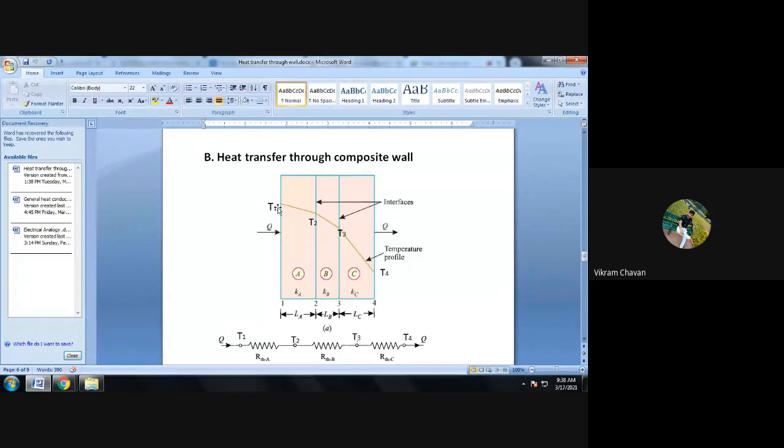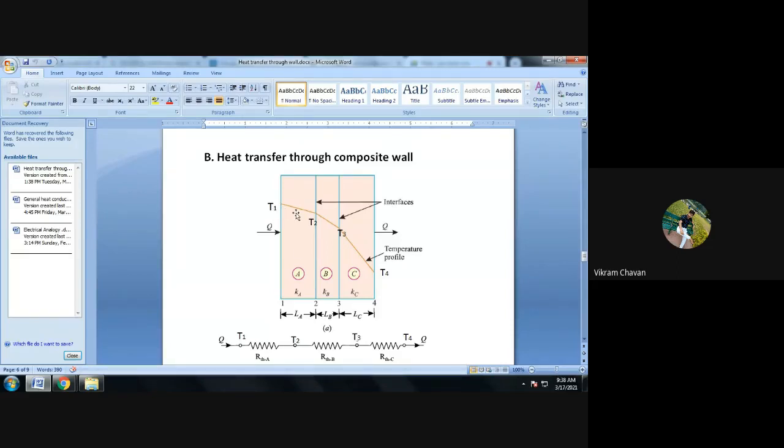Here the temperature profile is also shown. As we have discussed, the temperature profile is linear for the plane wall, but it is not linear for the composite wall, because in a plane wall the thermal conductivity is constant.